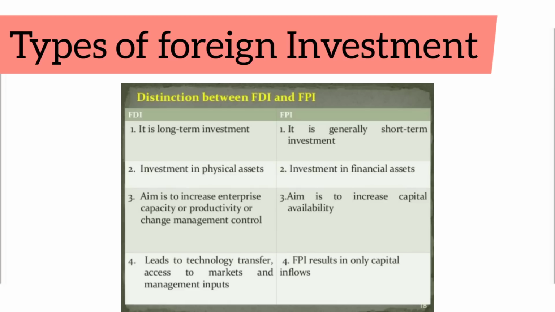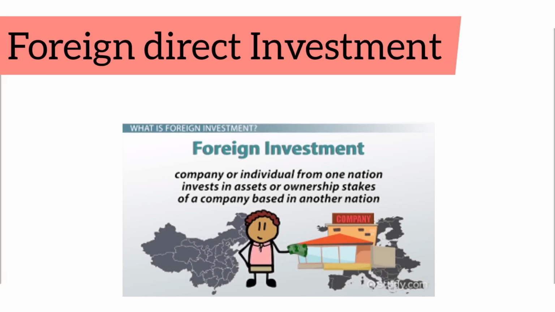So now let's understand this in detail. Foreign direct investment. I'll read out the meaning of foreign direct investment. It is a process whereby the resident of one country acquires the ownership of an asset in another country, and such movement of capital involves ownership, control as well as the management of the asset. So when will someone be categorized as a foreign direct investor?